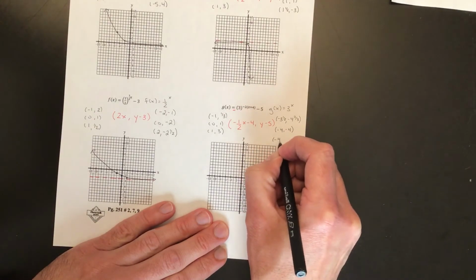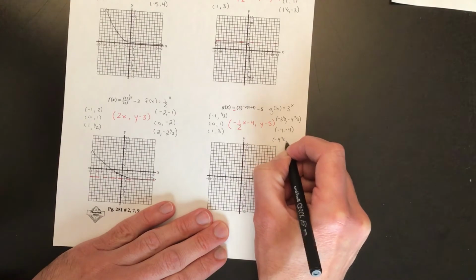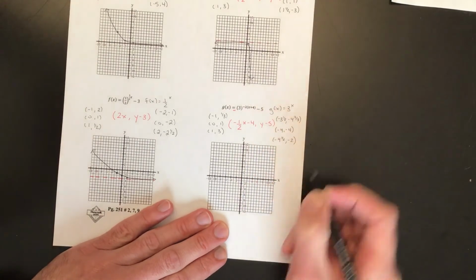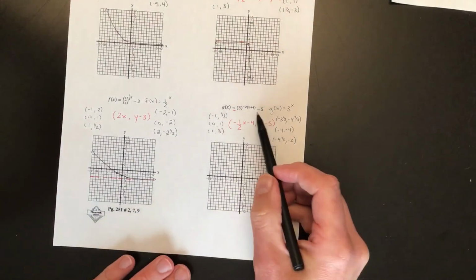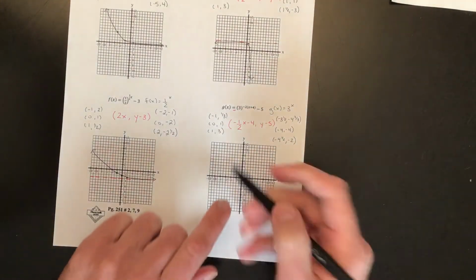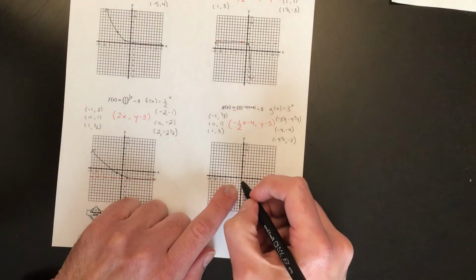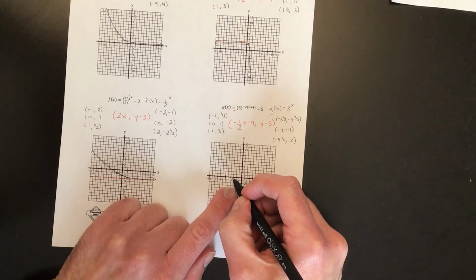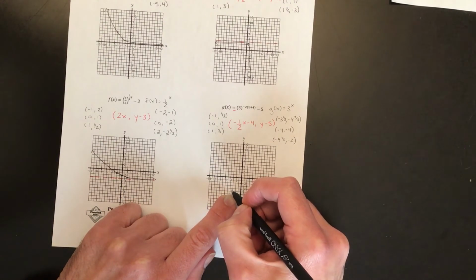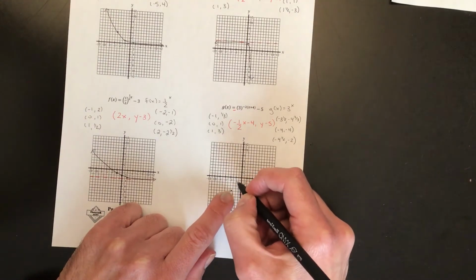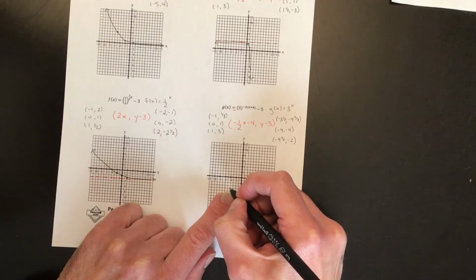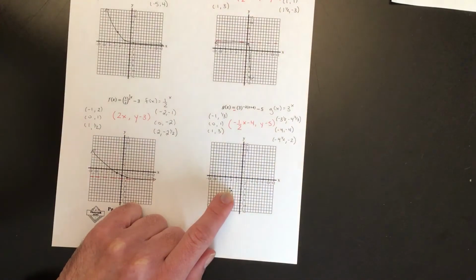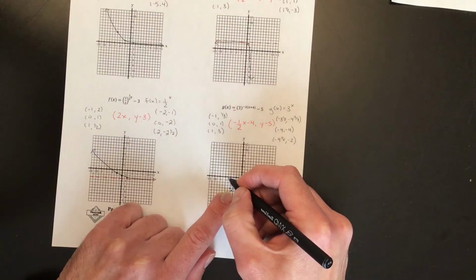and -4.5, -2. Asymptote at -5. So -3.5, -4 2/3, so almost -5. -4, -4, really close together. And then -4.5, -2.